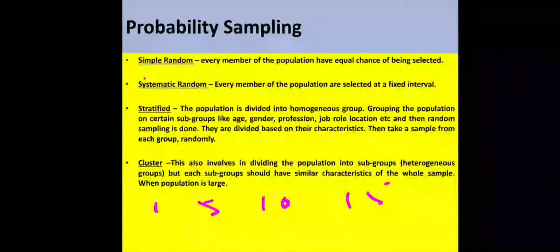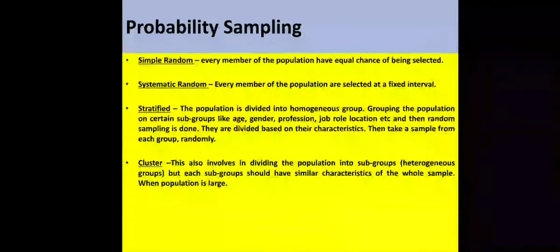So after every fifth interval, the sample is being drawn. Clear? So this is systematic random sampling.